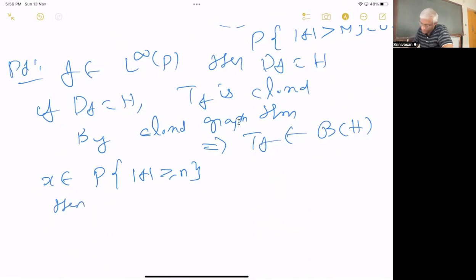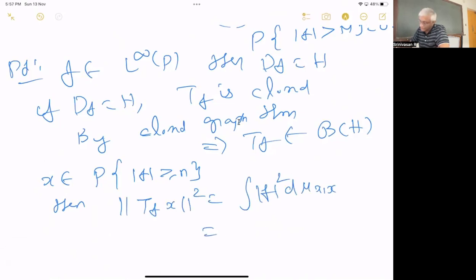Then the norm of T_f x squared equals the integral of mod f squared d mu_xx. But x is in that set, right?